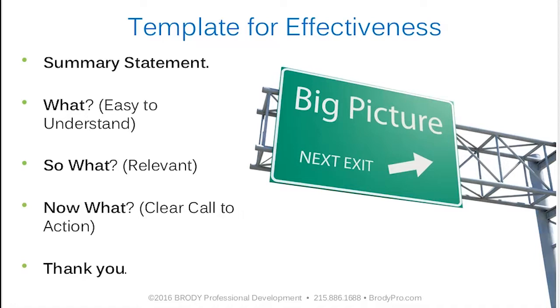What's going to support your main point? Then there's the so what. Why is it relevant? Why is this important? What's the benefit? Then the now what, which are next steps, or the clear call to action. And then there's the thank you. Let's see an example to make this real and specific.